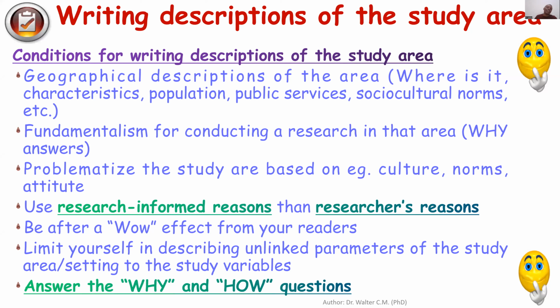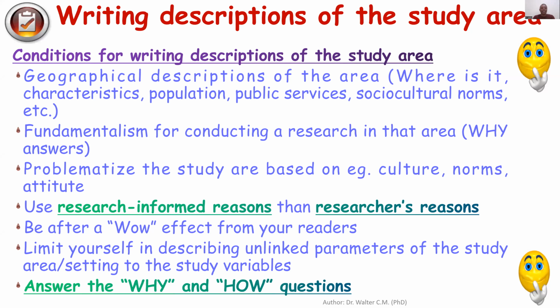And then if you find it very relevant, attach distal information to feed more information to your area of study, I think it would be better. But you are recommended to start with the very proximal information to the topic under study when you are prescribing the section for study area or study setting.